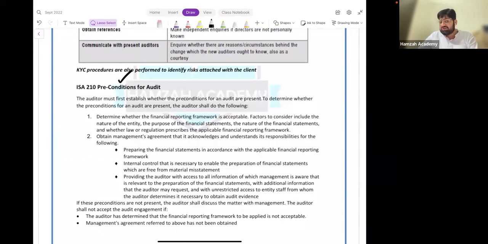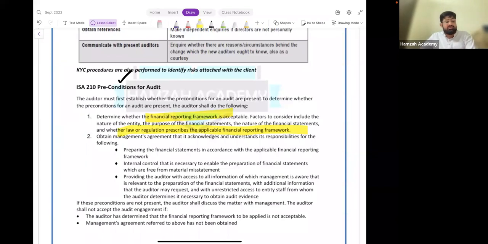Two things are preconditions. The first precondition is we need to determine the financial reporting framework which they are using. Is it IFRS to prepare financial statements or something else, and whether that is acceptable by law or not.